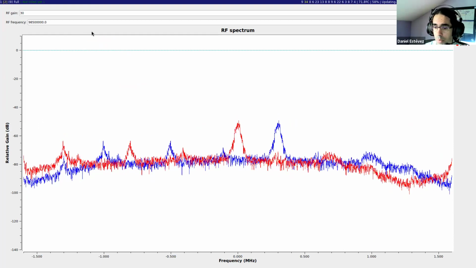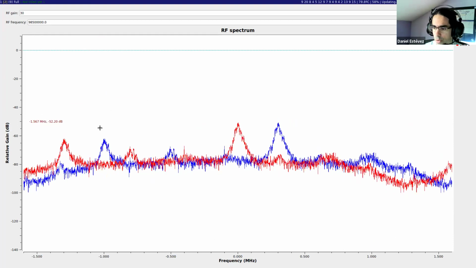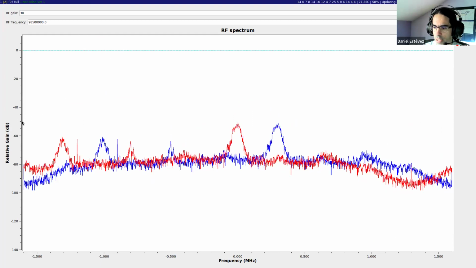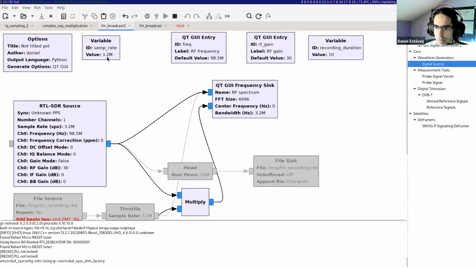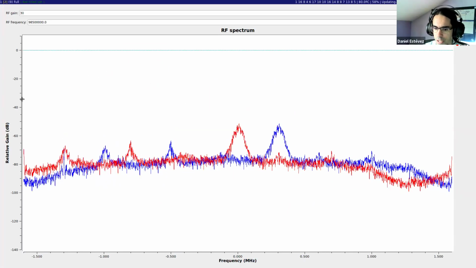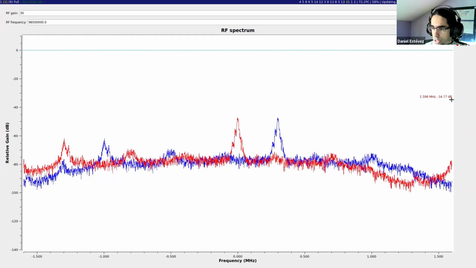Also something important to point out, which I didn't emphasize enough before: with complex signals, we have twice as much spectrum. So here we are sampling at 3.2 megahertz, and the bandwidth we have is from minus 1.6 to plus 1.6.